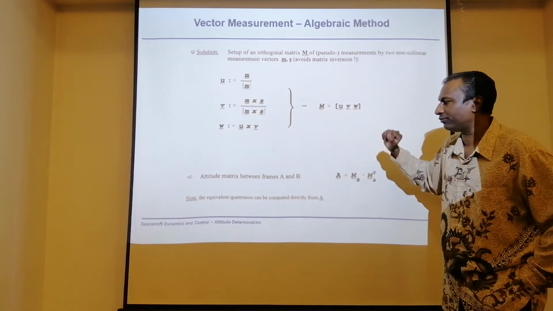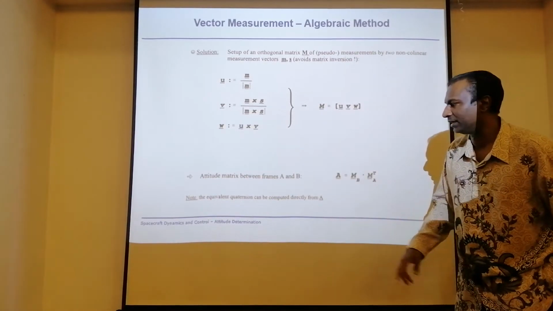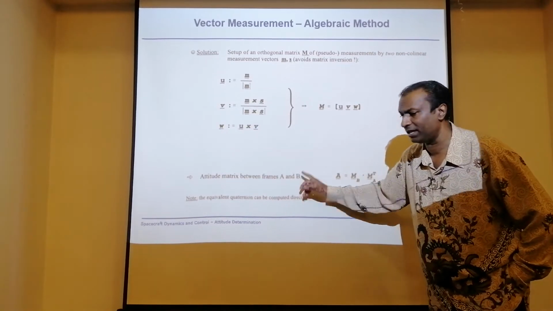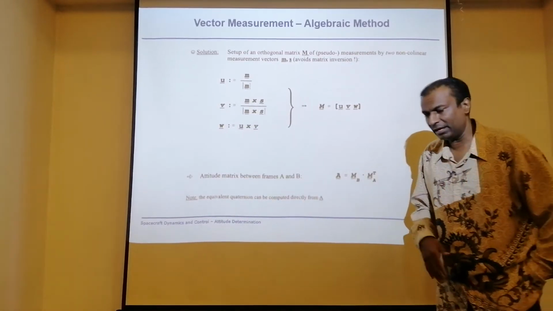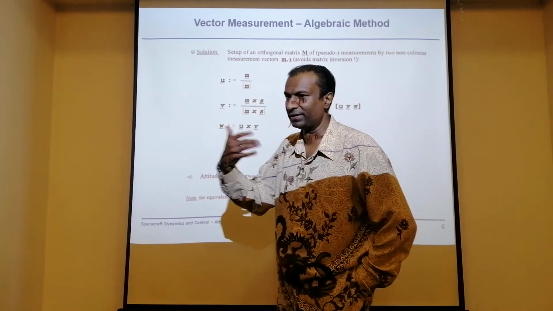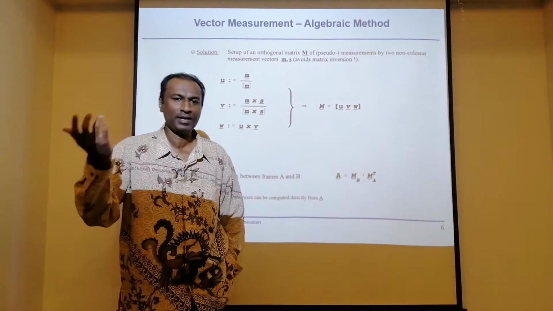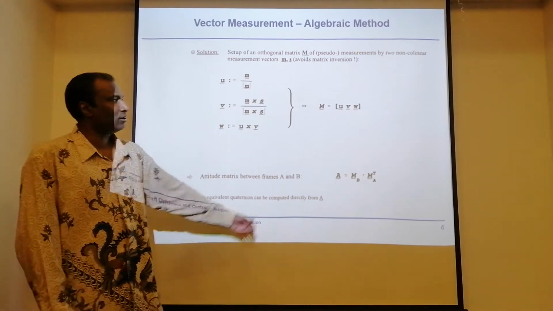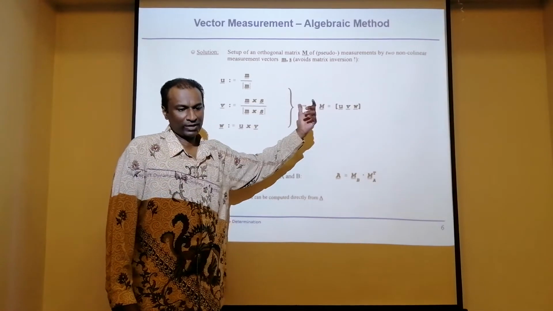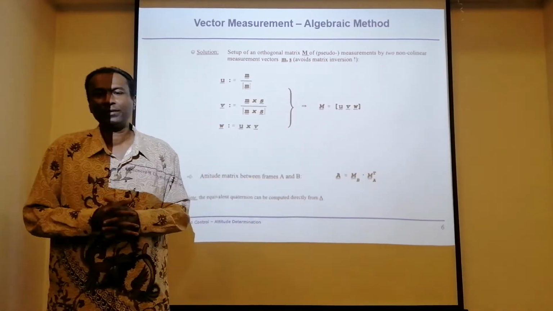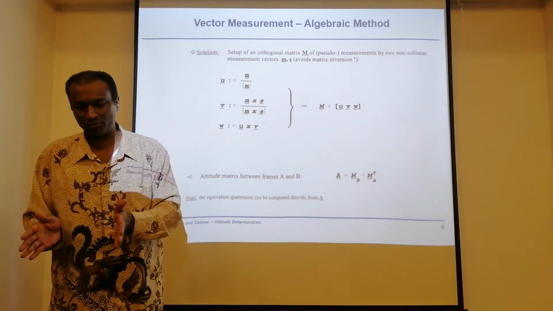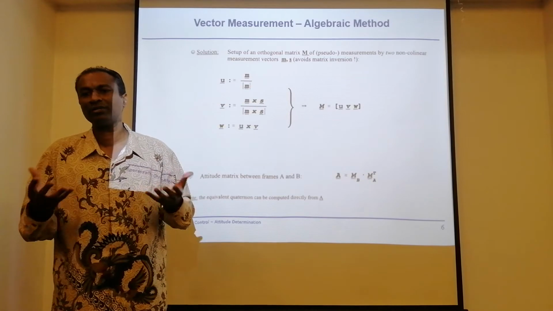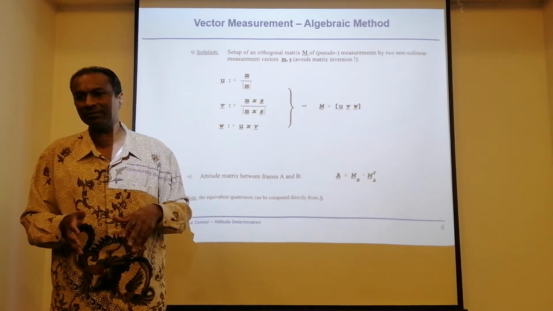Now, when you want to find the attitude matrix between frame A and B, again, the same thing. Frame A is local vertical, local horizontal. Frame B is body coordinate. How to do that? When you already have a matrix, how do you rotate from one frame to another frame? We can simply use the rotation matrix, just like in the kinematics that we have learned.